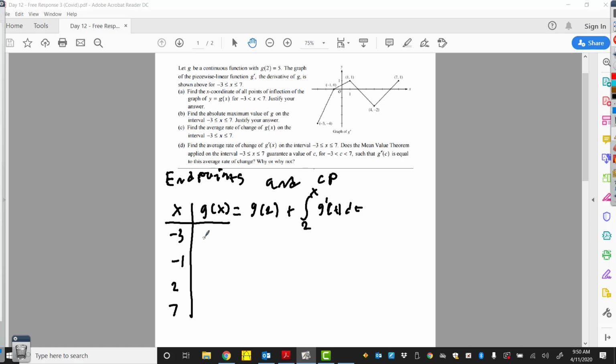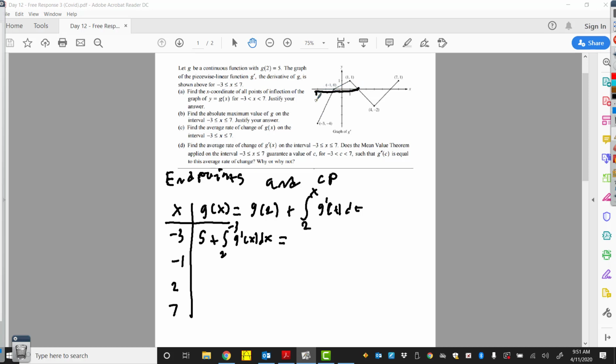So this is going to be g of 2, which is 5, plus the integral from 2 to -3 of g prime of x dx. Okay, so when we look at this, 5 is easy, but from 2 to -3, we're going to the left.